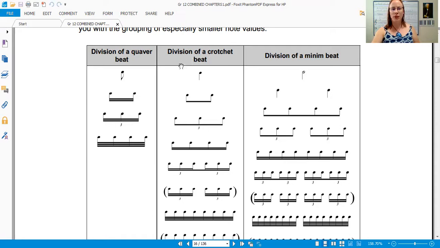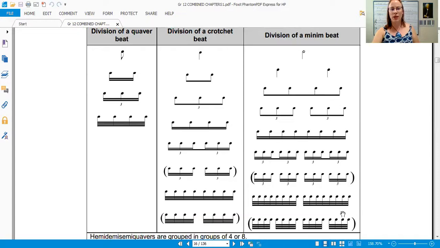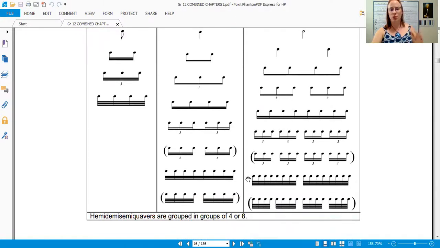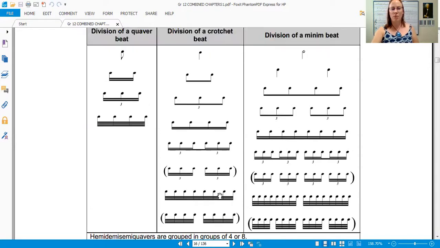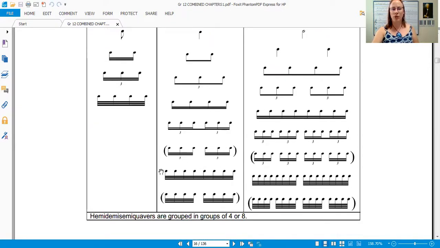And because your beat is divided into 2, if you separate your beat when you get to the smaller note values, you will split into 2 or into 4. There you can see you've got demi-semiquavers. For me, that looks quite complicated, so I would suggest rather splitting it into 2 groups there. Okay, so that is a gray area, and I personally feel you would be fine if you notate it either like that or like that.